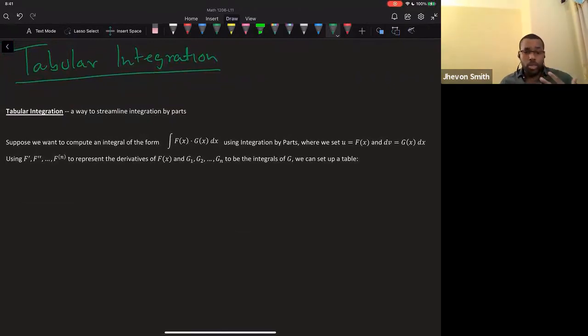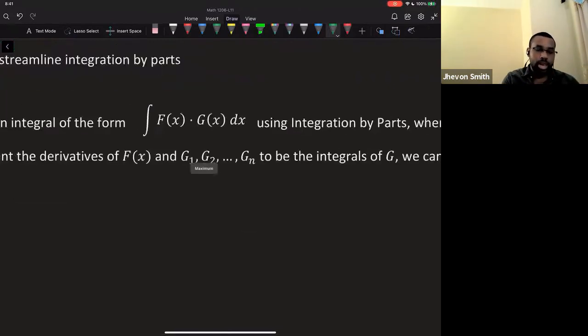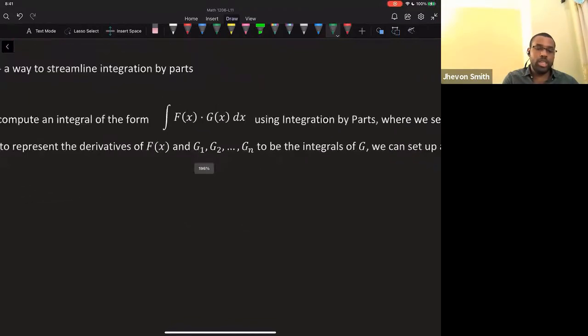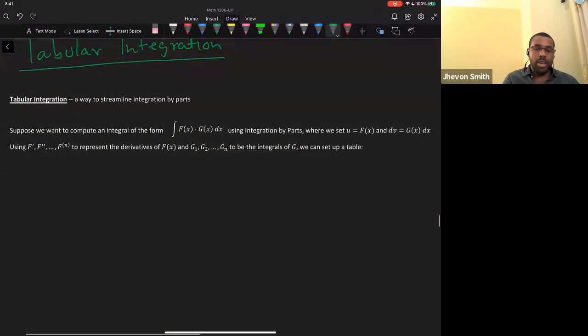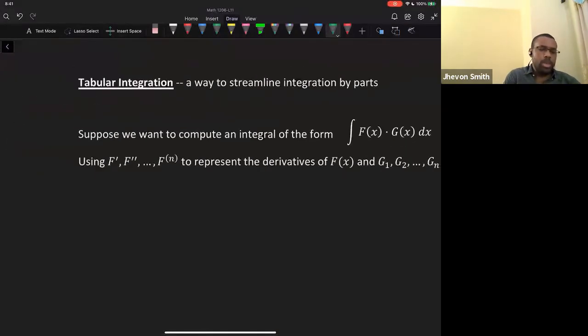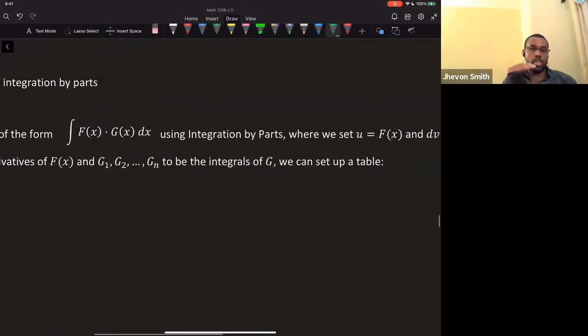Suppose you wanted to do an integral that's like big F times big G dx, and you want to use integration by parts where you set u equal to the big F and your dv would be the big G. I'm going to use F prime, F double prime to be repeated differentiation of the u function, and G sub 1, G sub 2, G sub n to be repeated integration of the G function, so me finding v after every time I choose dv.